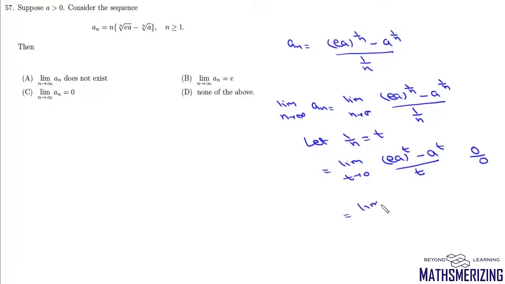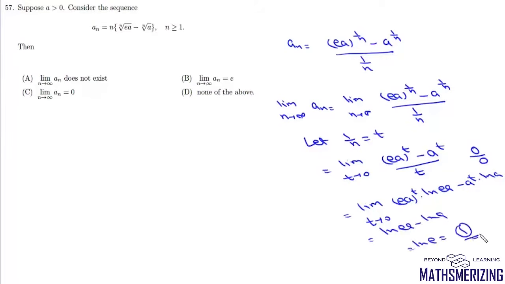So we can write limit t tends to 0 of (e a) to the power t into log(e a) minus a to the power t into log a. Now we'll put t as 0, so we'll get log(e a) minus log a. So it'll be simply ln e, and ln e is nothing but 1. So the answer to this limit is 1, which is none of the above, option number D.